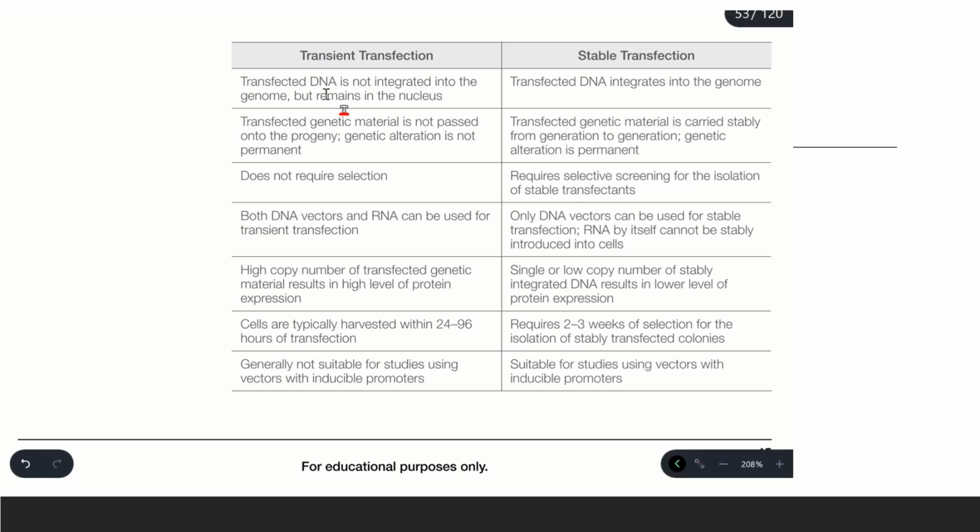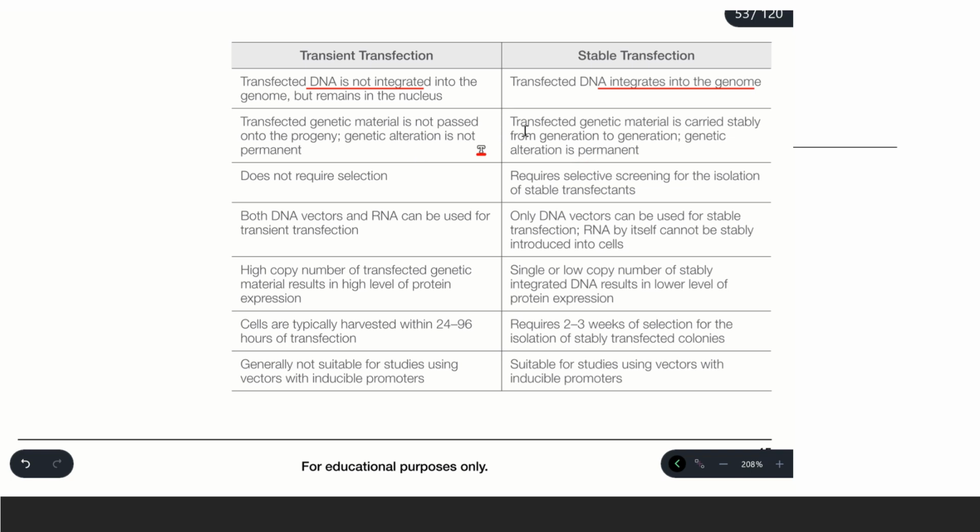For the transient, the translated DNA is not integrated into the genome, but it remains in the nucleus. For the stable transfection, the transfected DNA integrates into the genome. For the transient, the transfected genetic material is not passed on to its progeny.